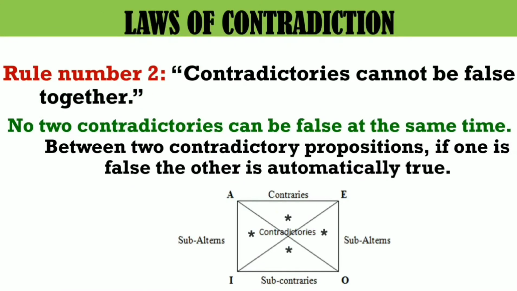Rule number 2: contradictories cannot be false together. Meaning, no two contradictories can be false at the same time. Between two contradictory propositions, if one is false, the other is automatically true.